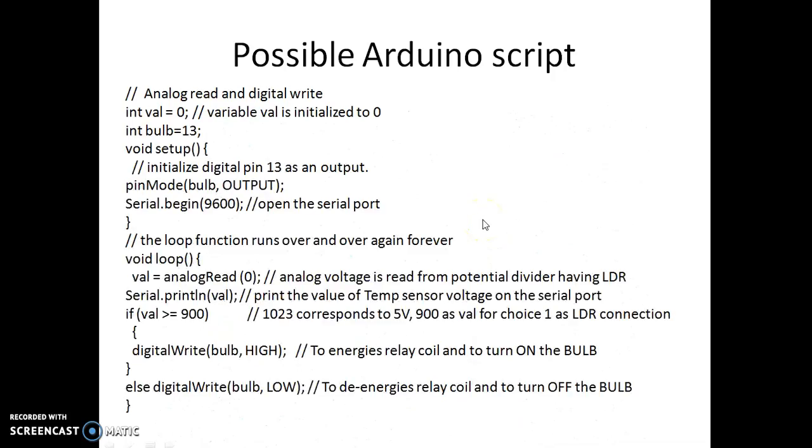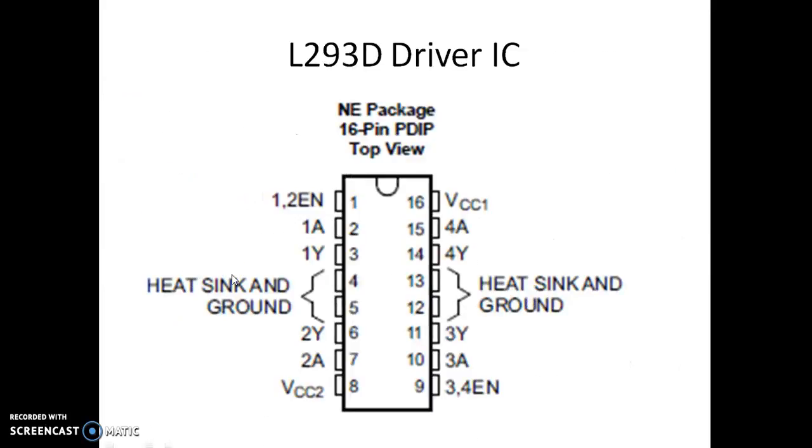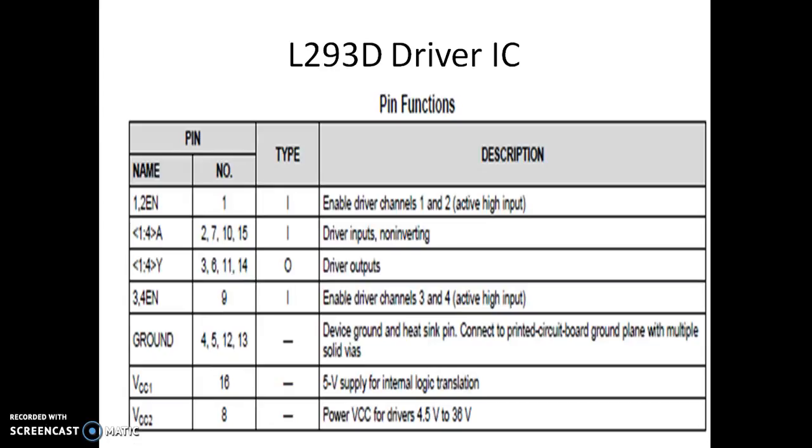You can see this is the code. We are using pin number 13 to energize the coil, which we name bulb here, and that's why it has been defined as bulb in output mode. We are using a serial port so that we can see the voltage that is sensed from the LDR.